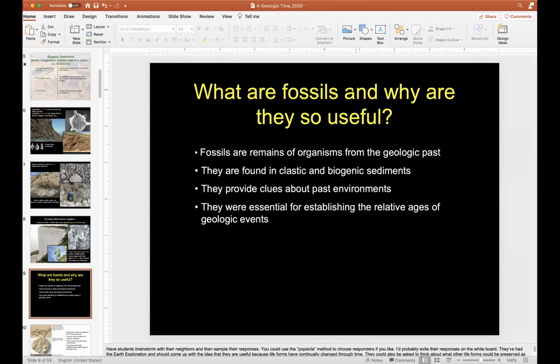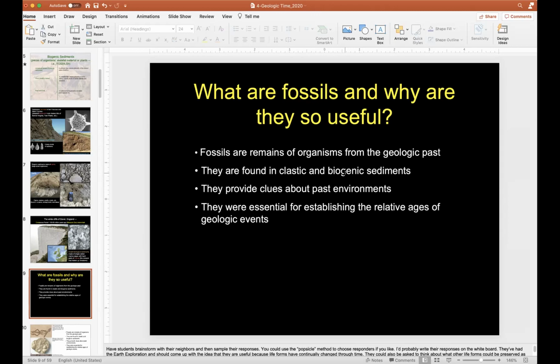All right. So what are fossils exactly and why are they useful? This is what I came up with. They are the remains of organisms, so that could be plant or animal, from the geologic past. They are found in clastic, I'll define that in a second, and biogenic sediments.